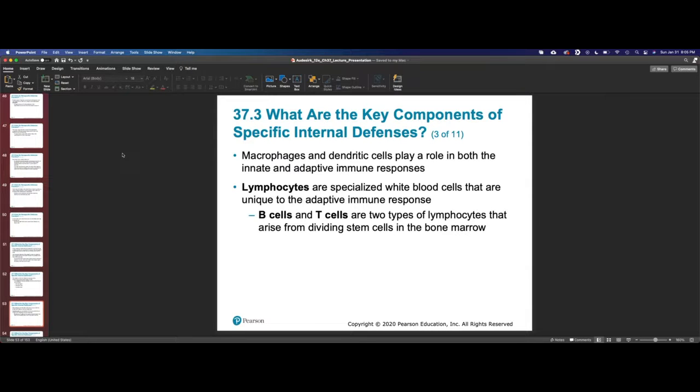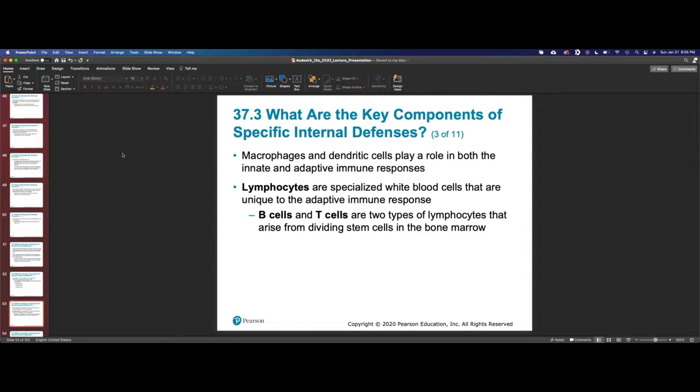And so the lymphocytes, they are specialized white blood cells that are specific to that third line of defense, that adaptive immune response. And so really you have your B cells and your T cells. Interestingly enough, these grow and develop in the bone marrow.